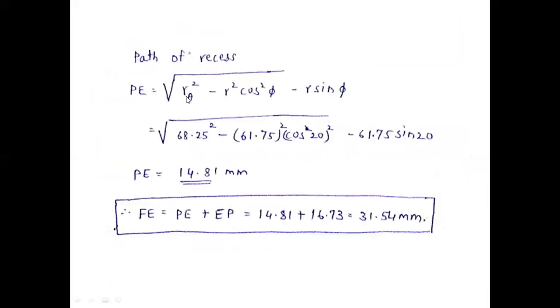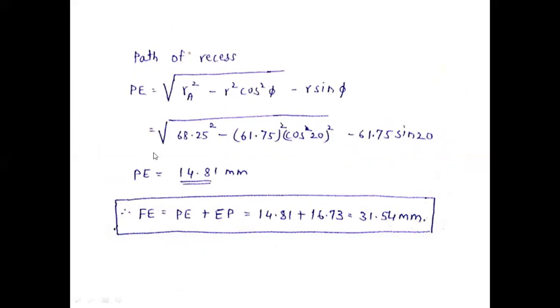Now for the path of recess, the formula we have already discussed. The value of ra is 68.25 squared minus r squared cos squared phi, all under the root, minus small r sin phi.